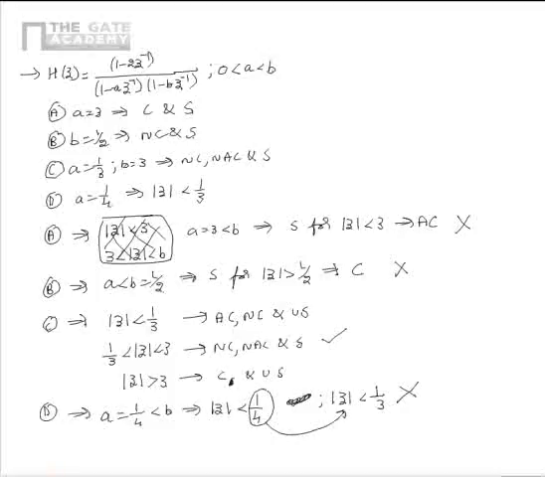So in case of option C, if a is 1/3 and b is 3, it is possible that the system is non-causal, non-anti-causal, and stable. So option C is the correct one.